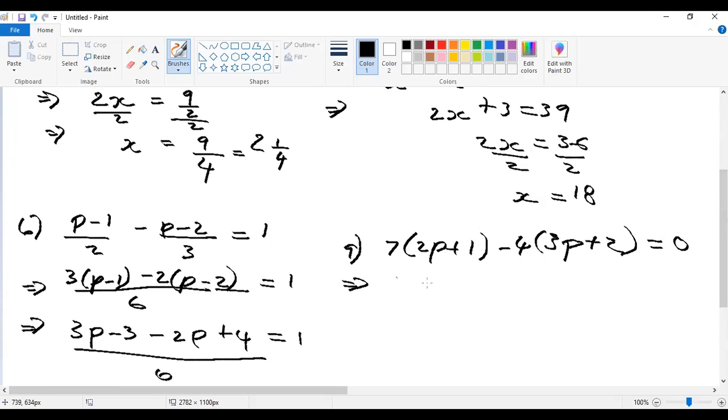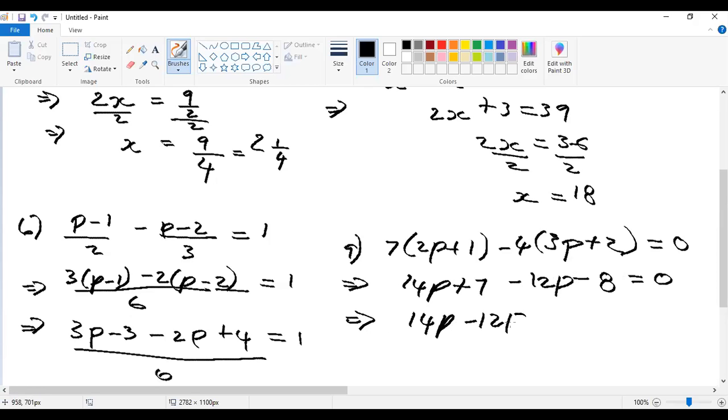So all you have to do now is multiply these out. 14p plus 7, and then this is minus 12p minus 8 equals 0. And then you combine them, right? So 14p minus 12p. Let me actually show the working this time. 7 minus 8.